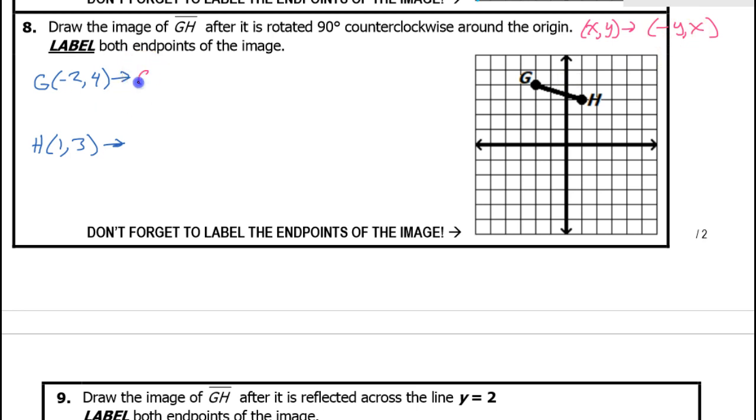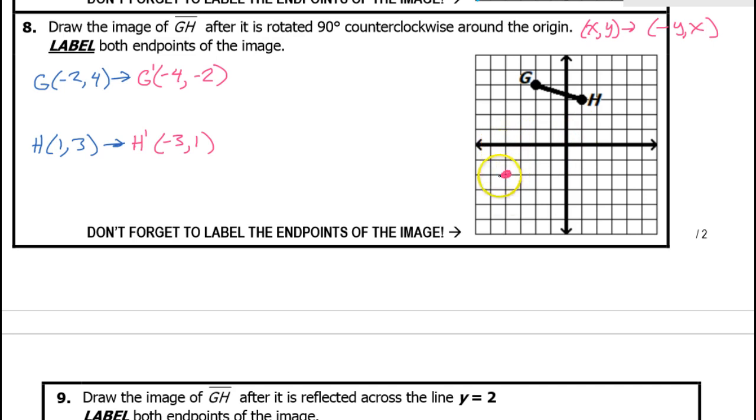So if I want G prime, I'm just going to apply that rule. So the y will come first, but it will change signs. So that will become a -4. The x will come second, and it does not change signs. And then H prime, the 3 will become a -3 and go first. The 1 will stay a 1. And there it is. So G prime should be at (-4, -2).